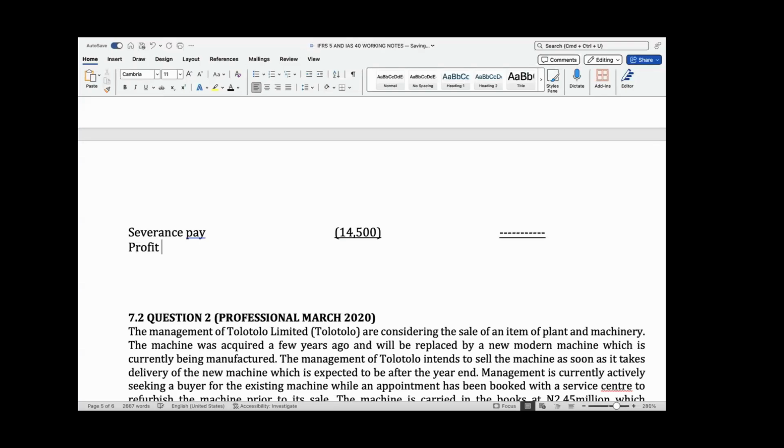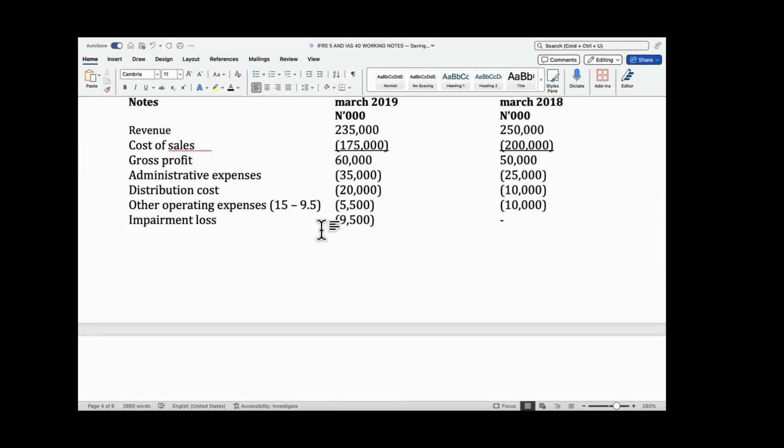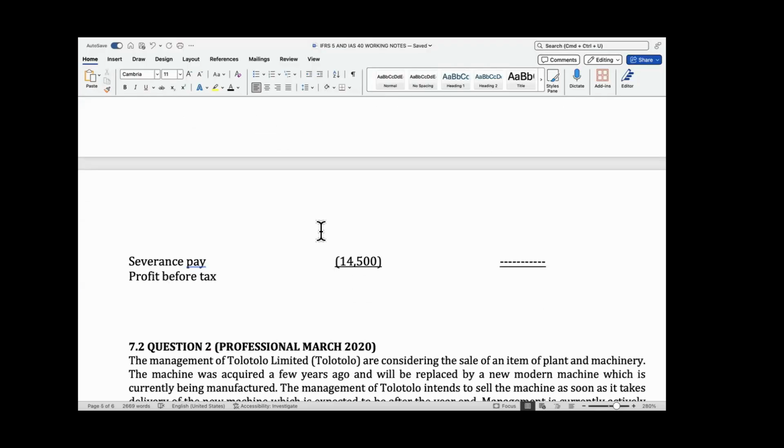So my profit before tax. Let's do 60 minus 35 minus 20 minus 5.5 minus 9.5 minus 14.5.